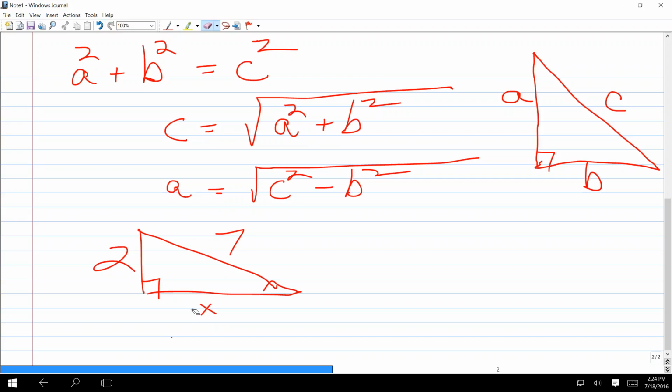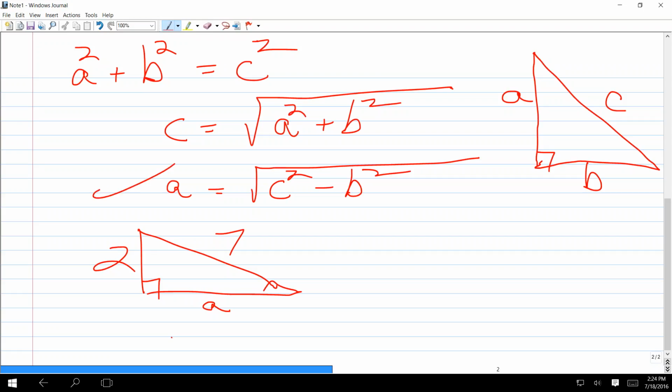Let me make that say, instead of x, let me make it say a. What's a? A would be the square root of 10.